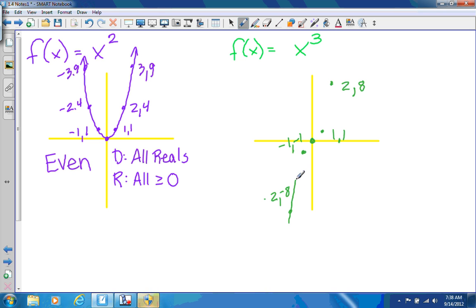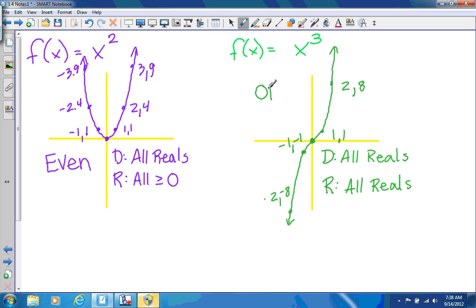And so it looks like this. Domain, all reals. Range, same thing. And because each x, y has a negative x, negative y as another coordinate on this graph, it would be considered an odd function.